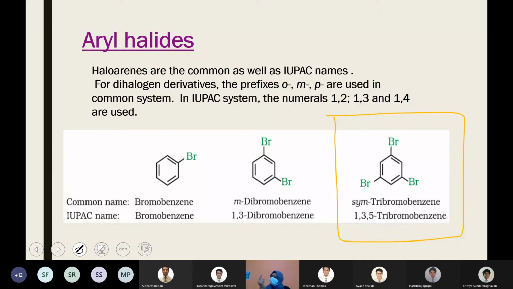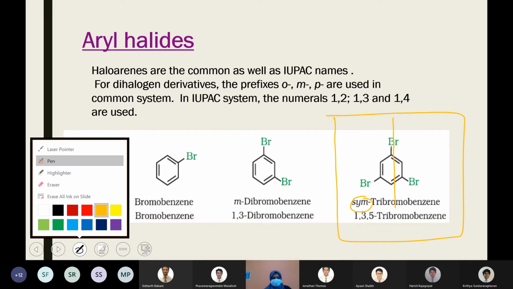So in tri, there is only one isomer possible, because wherever you try to put them, it will be like this. You can have them in 1, 2, 3 positions, but because of the steric hindrance, that is not possible. So this is symmetrical. SYM means that if you divide the compound, both halves exactly match. That's why it's known as symmetrical tribromobenzene.